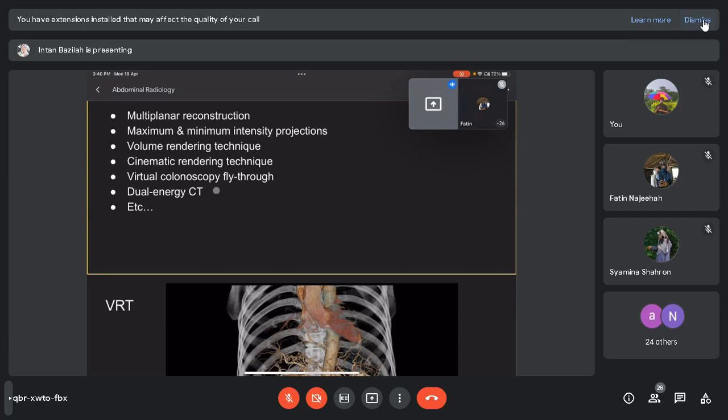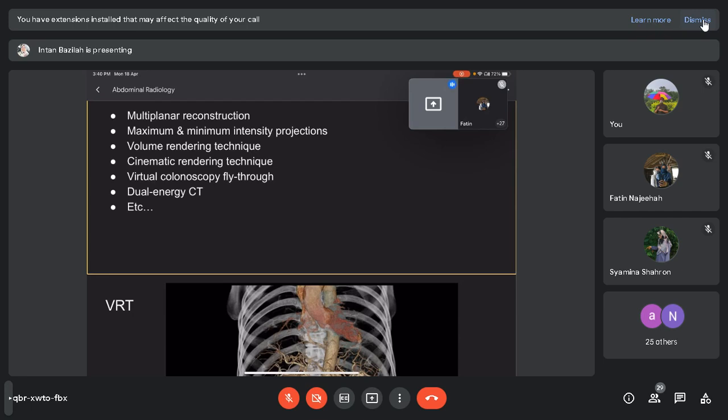The one that we have here is dual energy CT. One of the benefits is, for example, we can classify what types of calculus, for example renal calculus, whether it's calcium oxalate and so on.